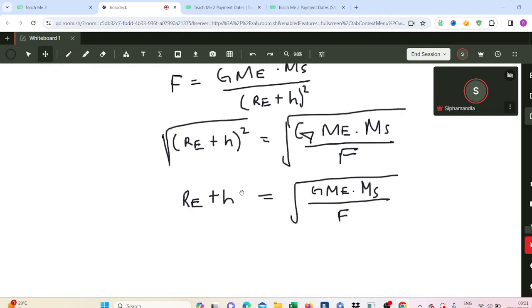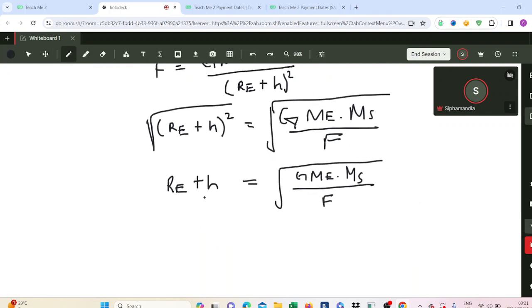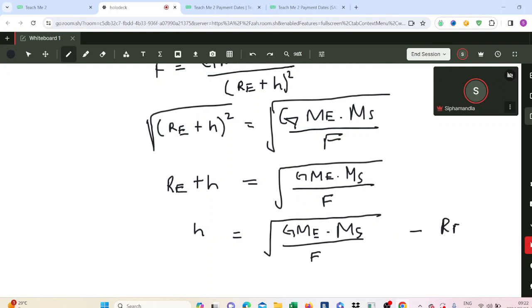Okay, and then now we'll take this RE, which is the radius of the earth, to the side. So we'll have H equal to the square root of G ME times MS over F, minus RE.